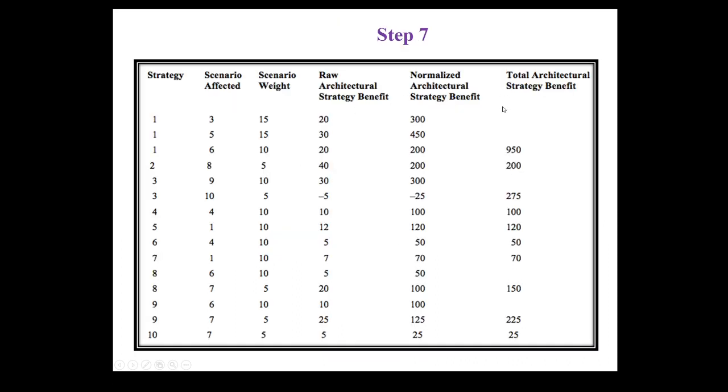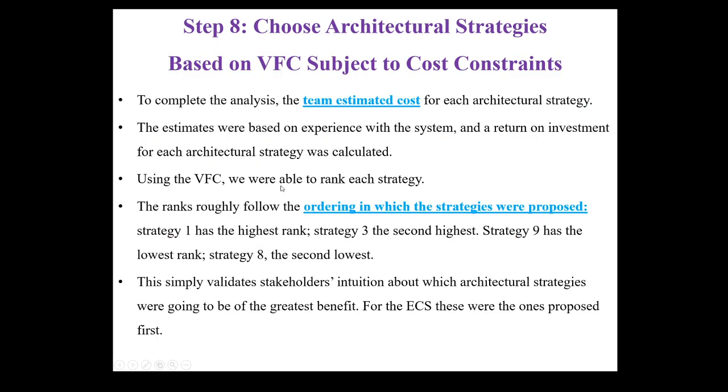In step 7, the total benefit of each strategy has to be calculated, and it has been given here: raw architectural strategy, normalized architectural strategy, total architectural strategy. Okay, so these are all the strategies. Next, according to that, choose the architectural strategies based on the VFC subject to the cost constraints. To complete the analysis, the team should estimate the cost.